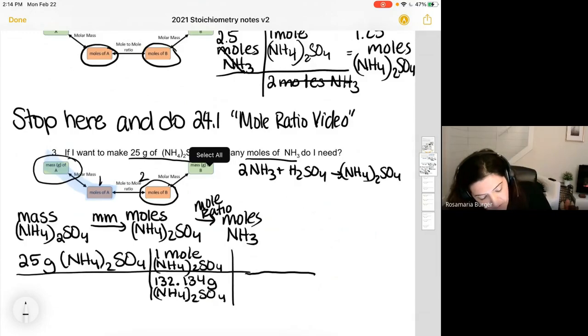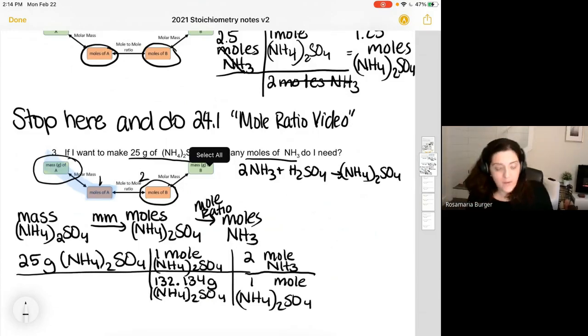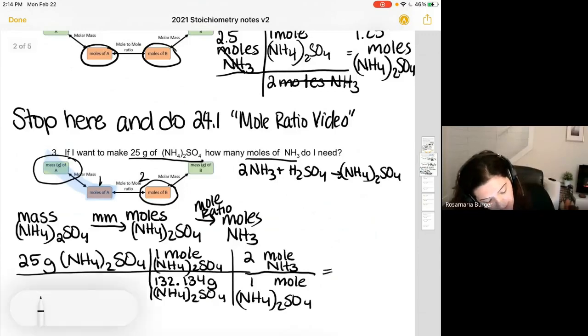So since moles of ammonium sulfate has to go down here, (NH4)2SO4, and 2 moles of NH3 goes up here. Okay. Now we have made it all the way to our destination.